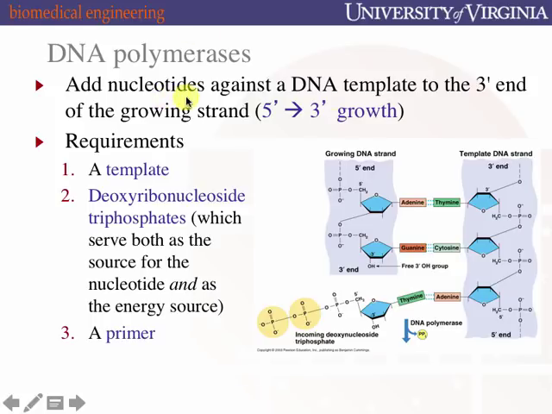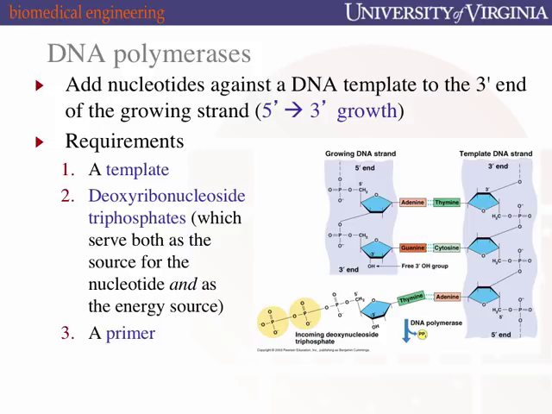As I touched on briefly, these off of a DNA template will grow a DNA polymer from the 5' end to the 3' end. So growth is 5' to 3'. It seems each year I can never say that enough. All right, you must know this. For DNA polymerase to work, I already said this, it needs a template. That's the code that is going to get replicated.